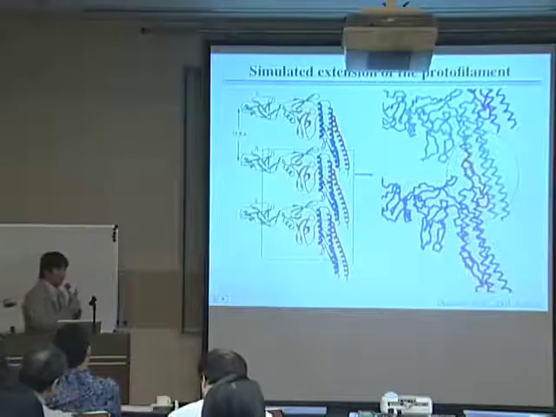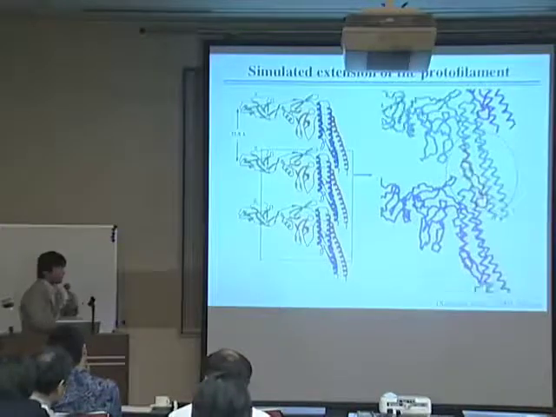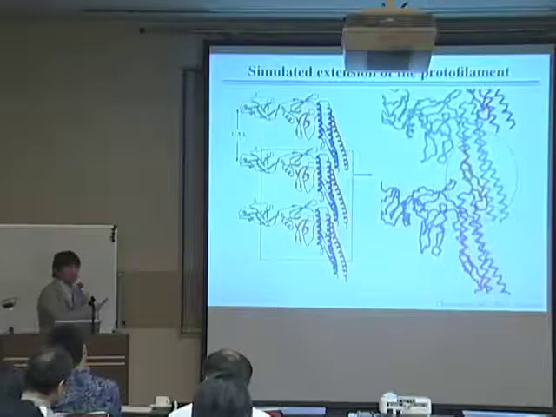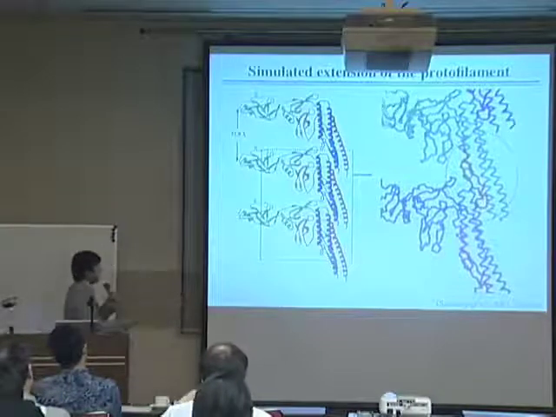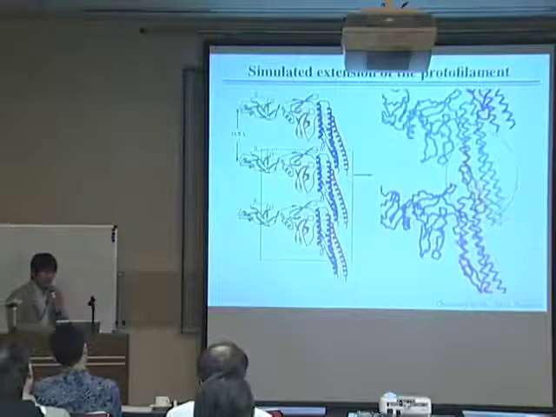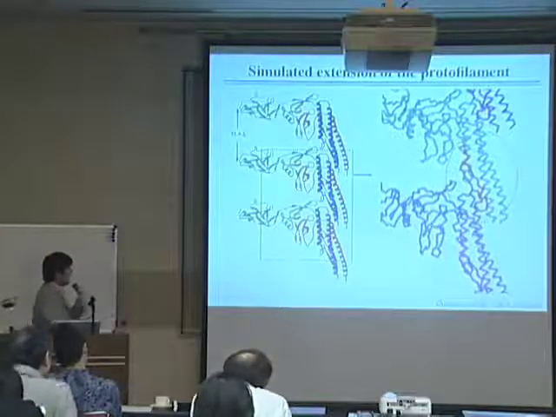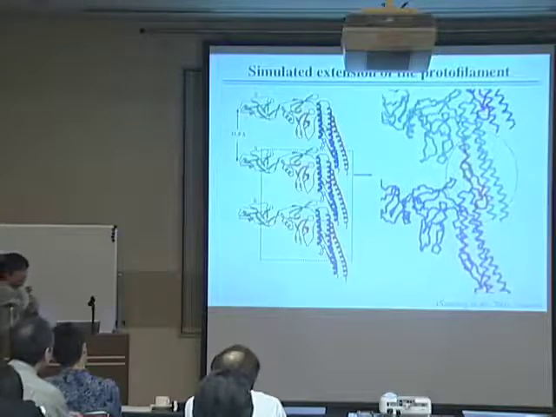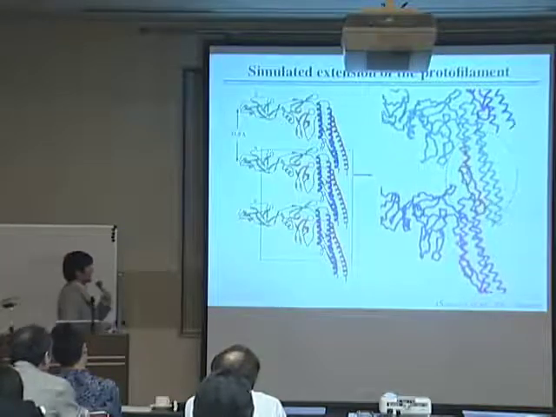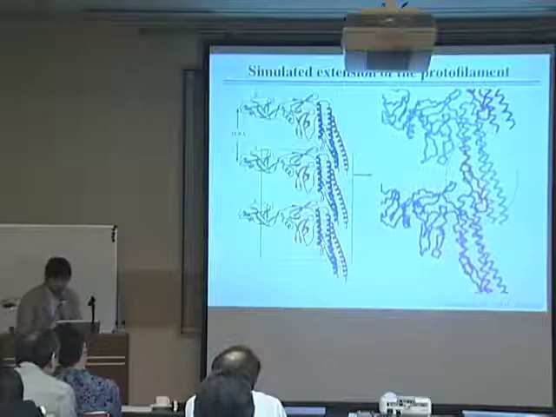So probably in the filament, it switches from the shorter repeat to the longer repeat. After that, we are now planning to make some mutant to inhibit this kind of structure switch. It's now undergoing.